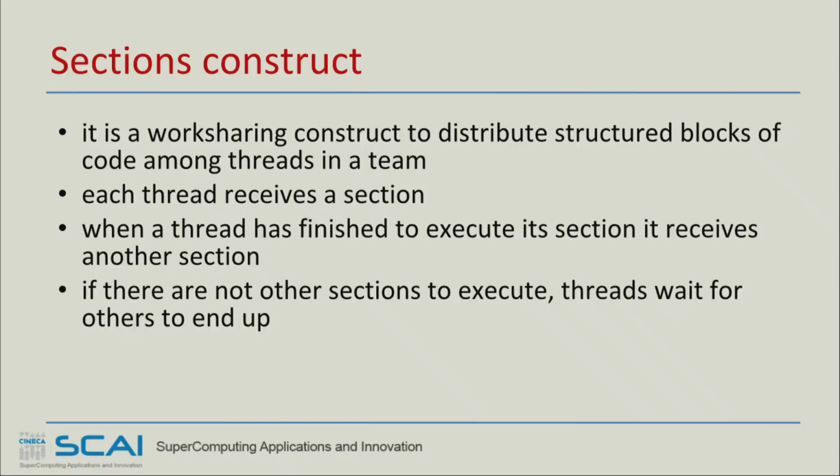This is a good approach when you have a lot of sections, in a way that you can distribute them on the threads, or if you have only a small number of threads. For example, if you have 2 threads, that's enough. But if you have, for example, 16 threads and you have just 2 sections, this is not very efficient.